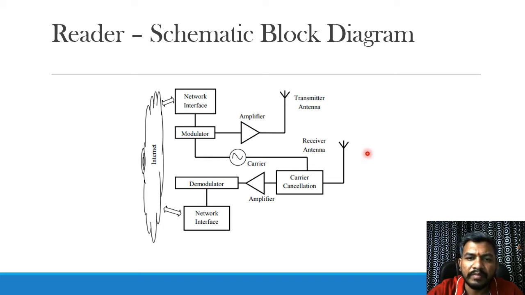They are amplified first. After the amplification, demodulation is done to extract the information. This information is then processed as per the need of the reader.